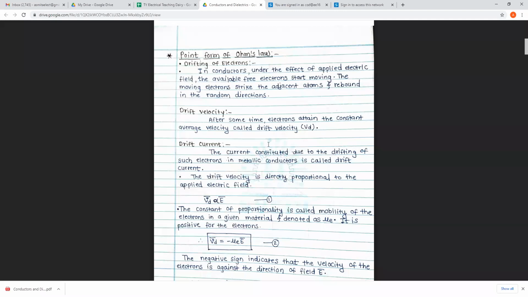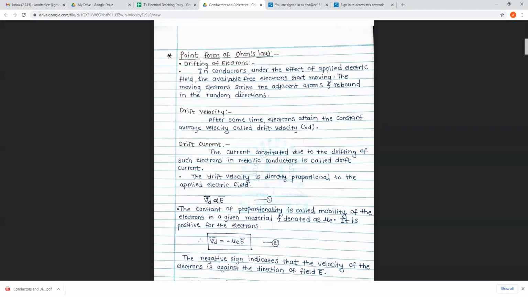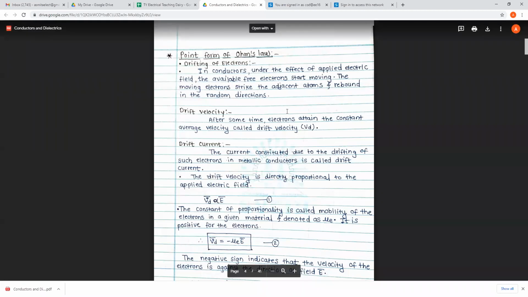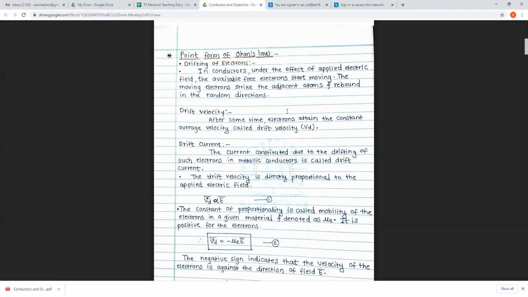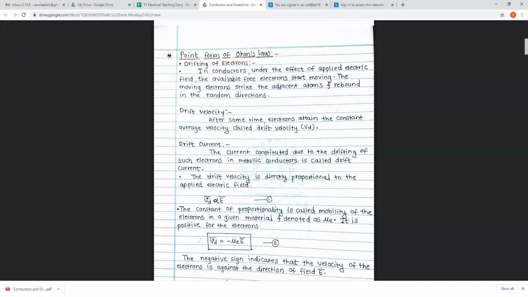Or here they are giving the word strike. Okay, when these electrons strike the adjacent atoms and rebound in random directions. So this is the drifting of electrons and drift velocity.